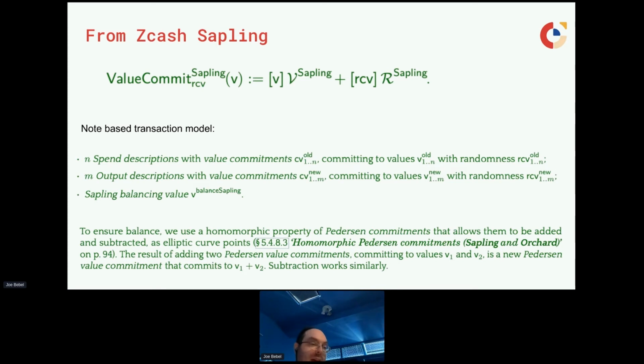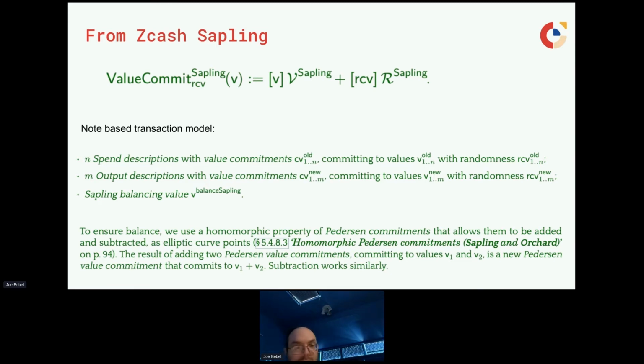So we can, outside of the circuit, sum up all the value commitments and obtain the net value change of the transaction, whether it's added or removed any value from the shielded pool. And then that compares against the balancing value.